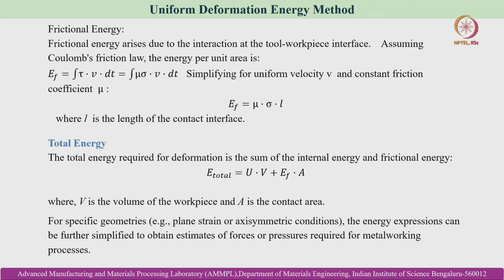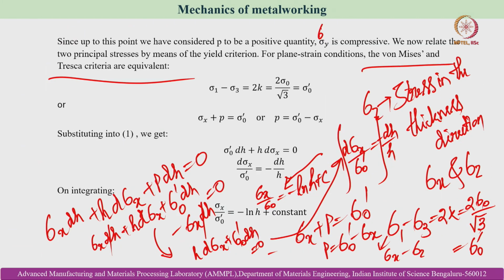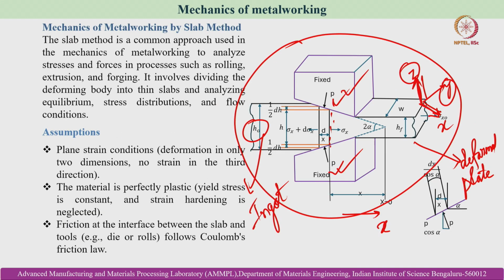Okay. The frictional energy arises due to the interaction at the tool workpiece interface. So, this is the case that we have shown over here. This is a typical tool workpiece interface.